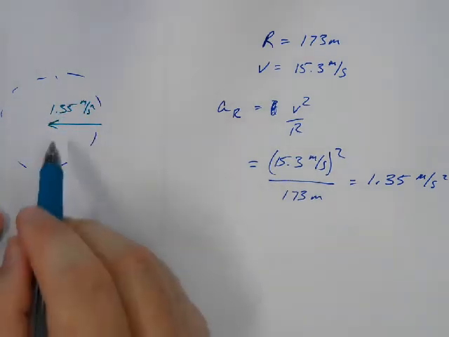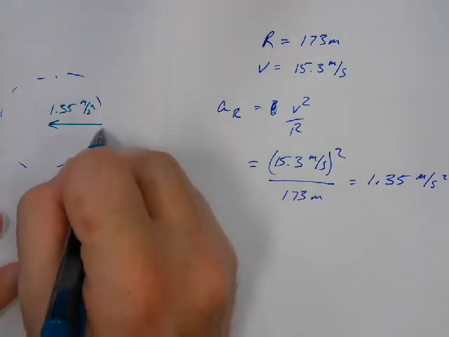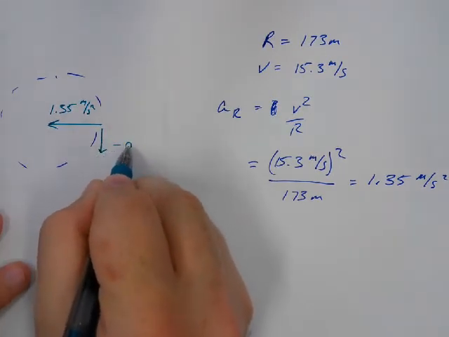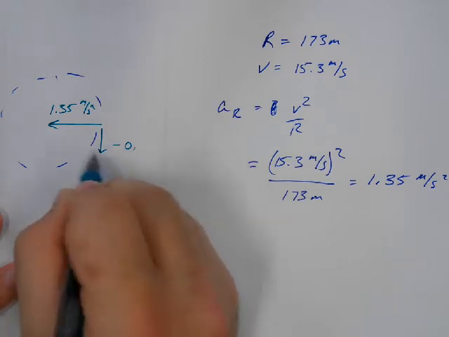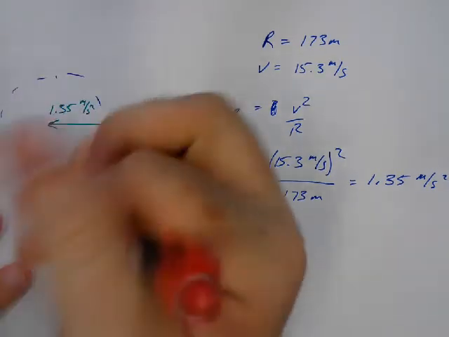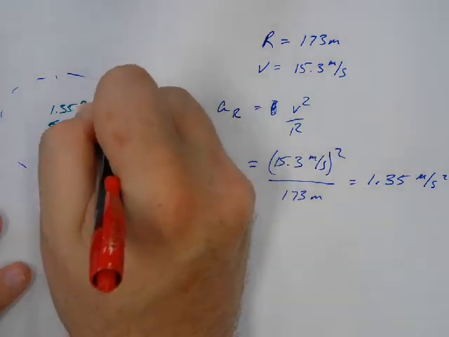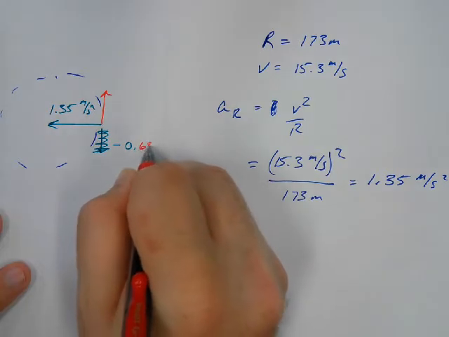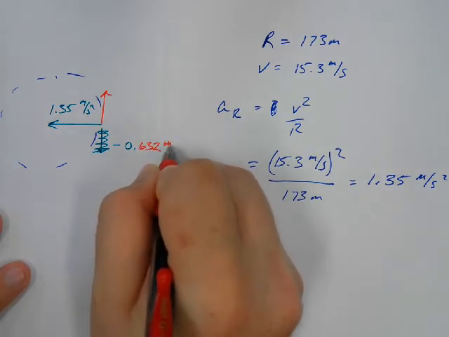But then I also have a tangential acceleration. And this is my minus 0.632 meters per second squared. So it's in the wrong direction. Put it up here.